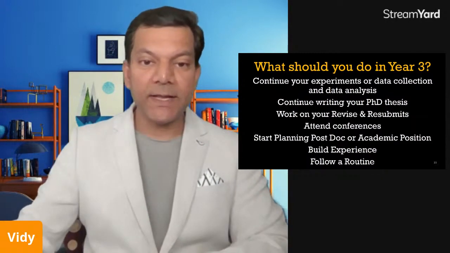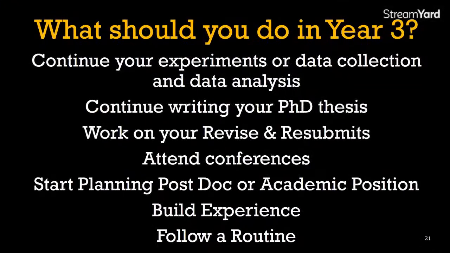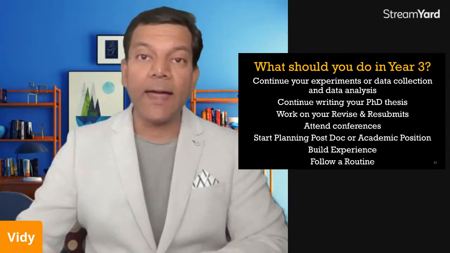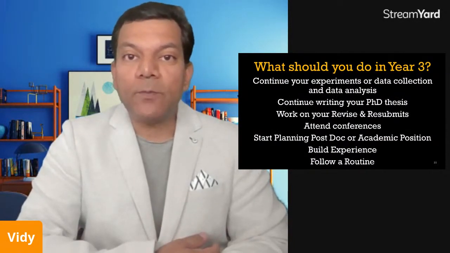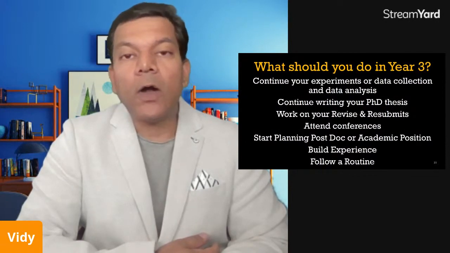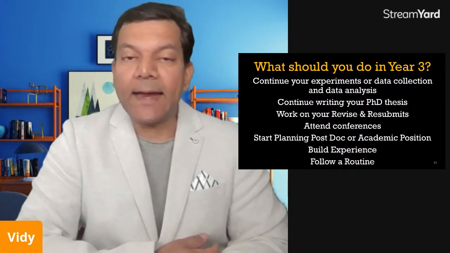Another thing that I mentioned in webinar 2 was to look for the positions or academic positions that you probably want to apply for after you have completed your PhD. It could either be a postdoc position, or it could be directly an academic position.